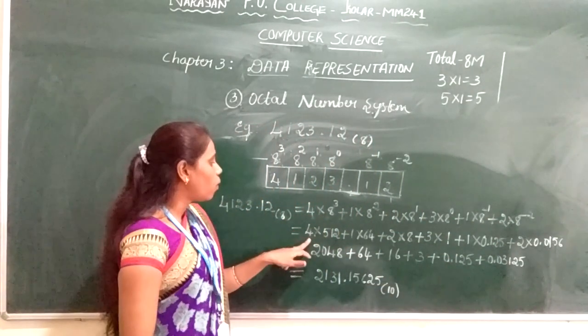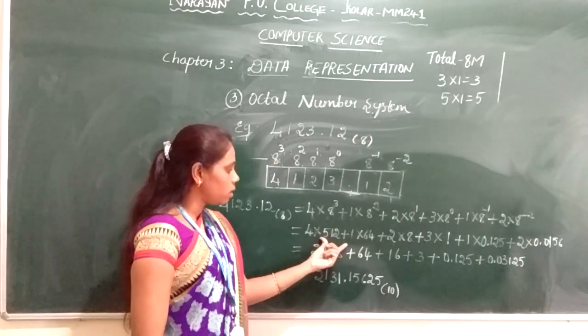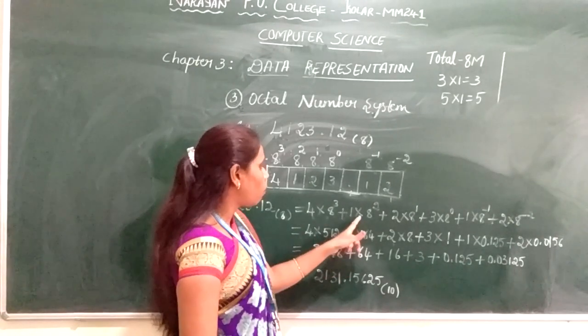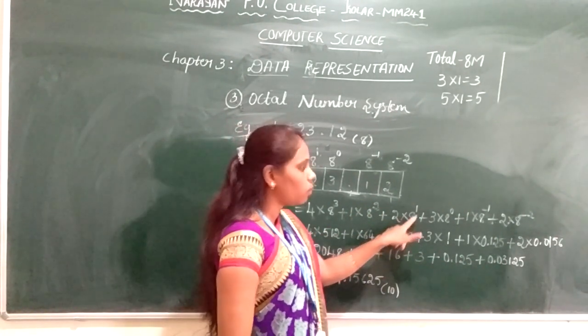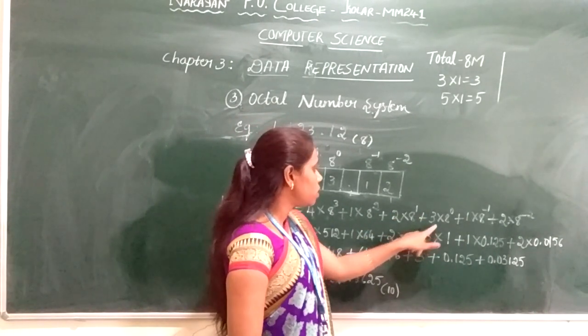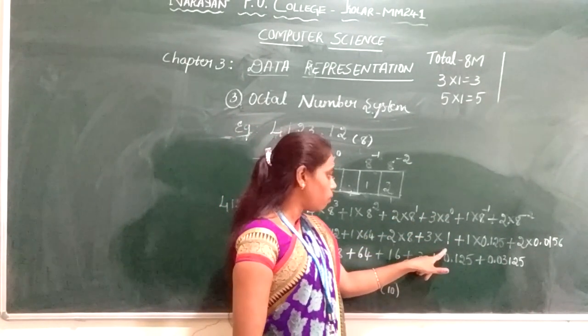Now this 4 into 8 power cube is 512 plus 1 into 8 power 2 is 64 plus 2 into 8 power 1 is 8 plus 3 into 8 power 0 is 1.